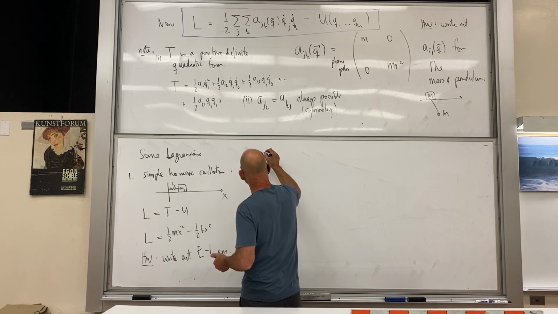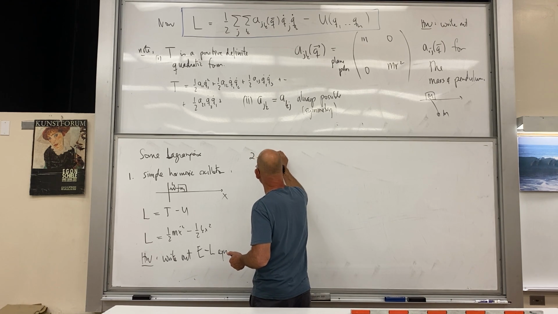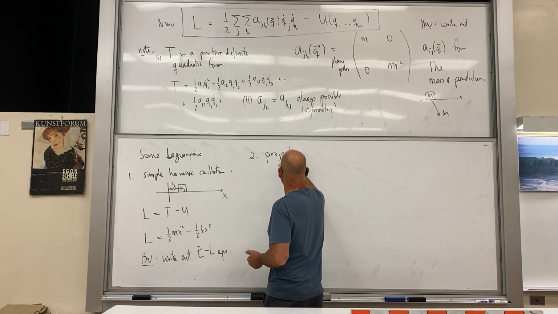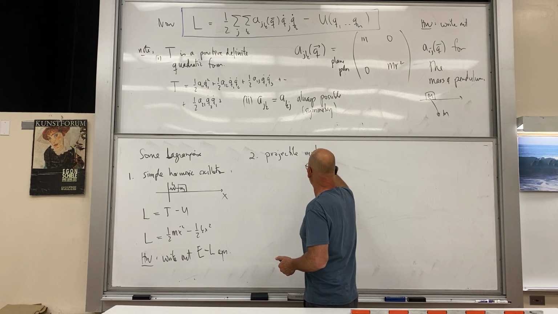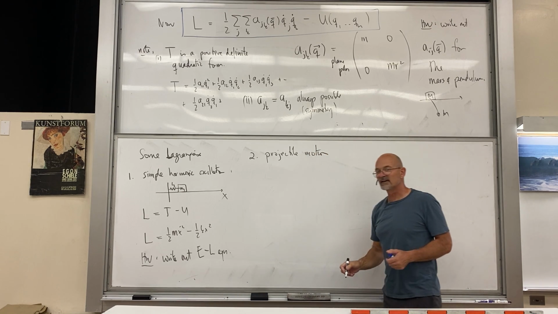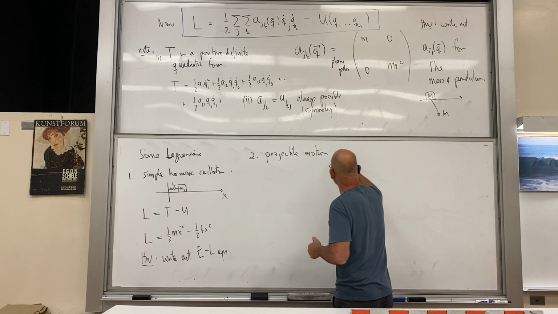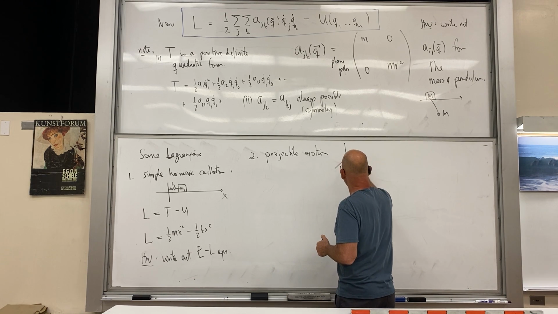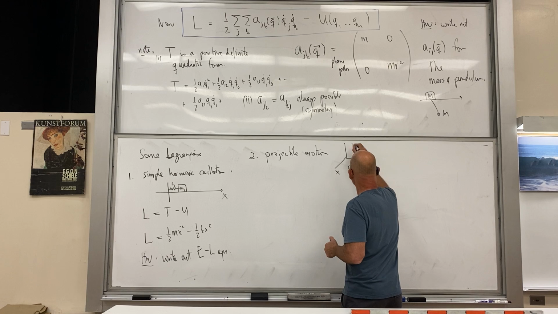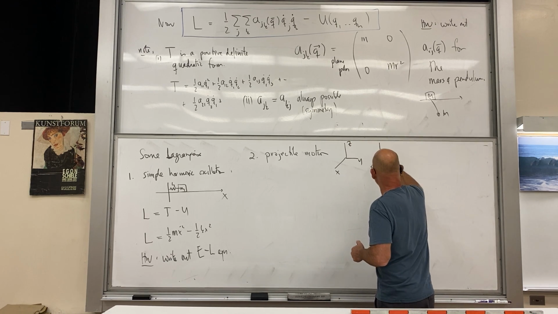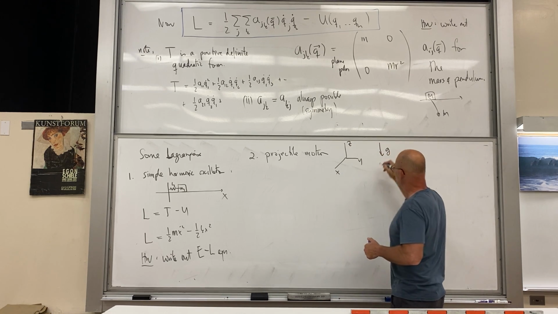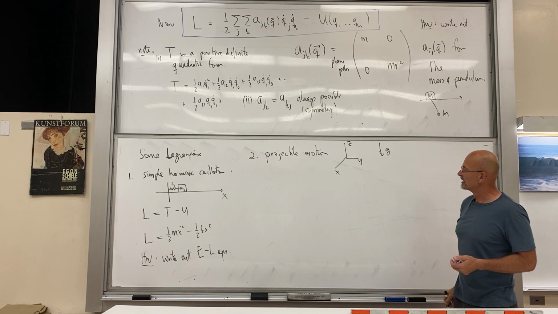The second one, we'll do projectile motion. All of our classic systems, we definitely want to be able to do in Lagrangian mechanics. So for projectile motion, we'll imagine that x, y, and z are our coordinates, and g is pointing down in the z direction.